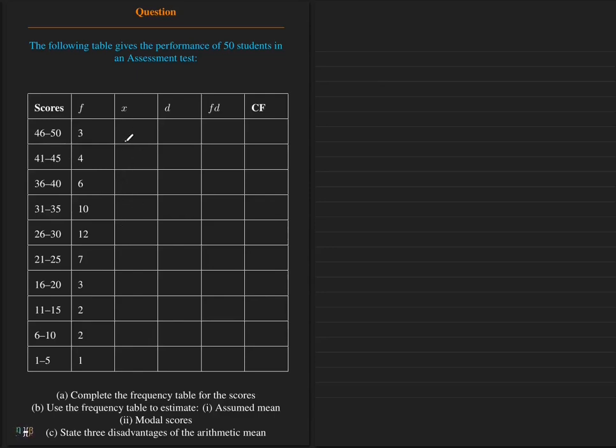With the pattern, we can just complete the rest. So for the very first one, remember the formula. So let me write the formula down. The formula says the class mark, which is X, is lower plus upper divided by 2.